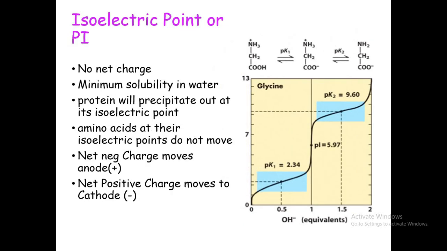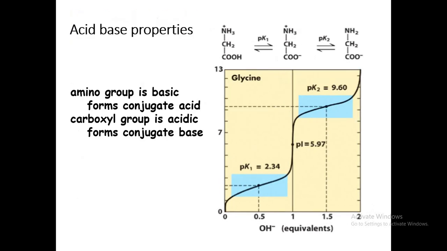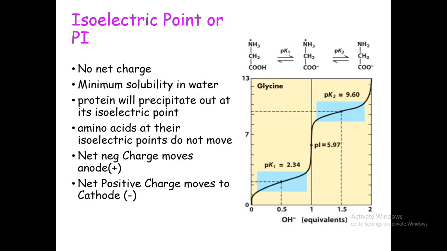Now, why do we have to understand this? pI is also called the isoelectric point. The isoelectric point is the pH at which the amino acid does not have any net charge. So why is this isoelectric point important? It is important for isolating protein.